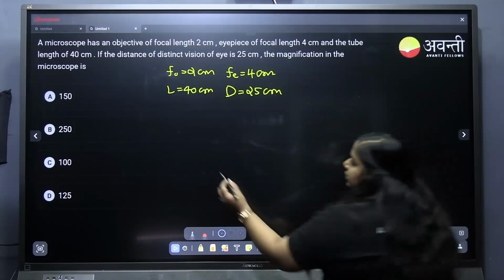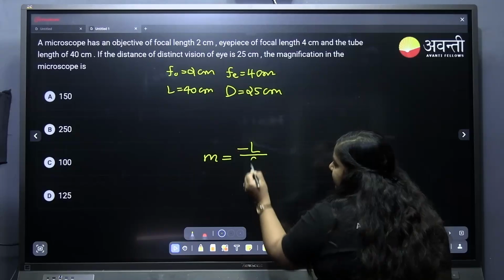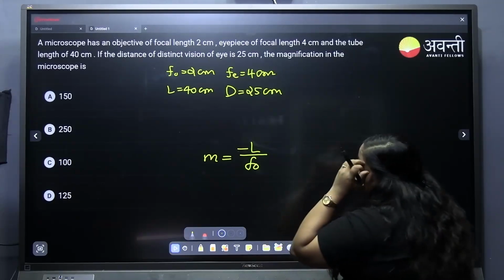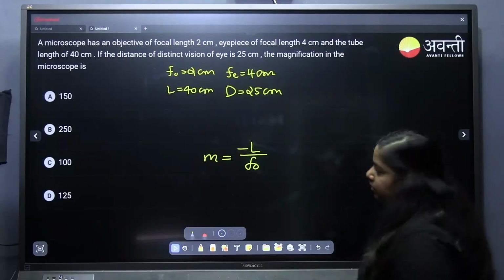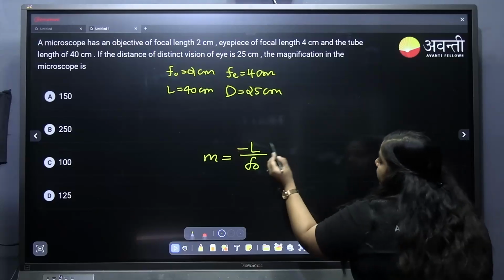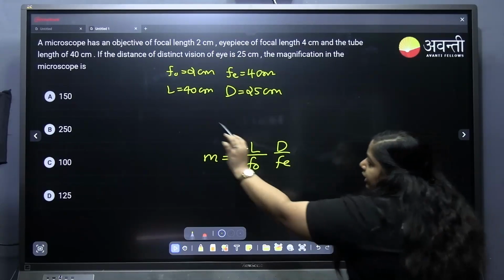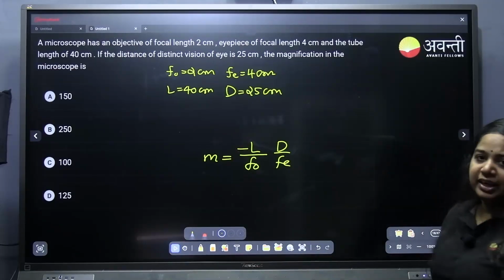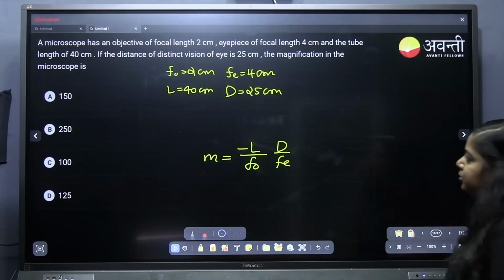So we have to assume that it is normal adjustment. In normal adjustment, what is the formula? Magnification is equal to minus L by FO into D by FE. In the options they haven't mentioned the negative sign, so we need only the magnitude. Just substitute the values.